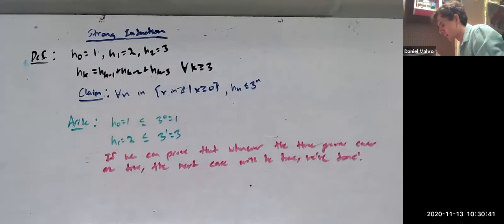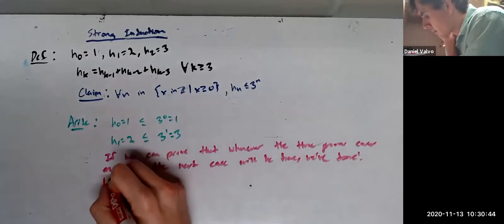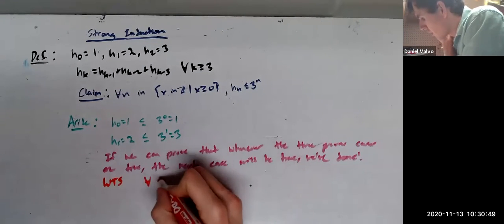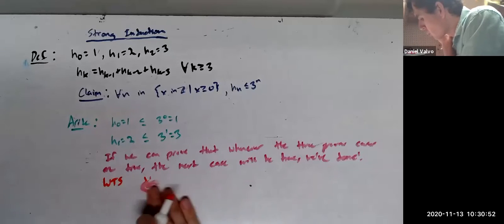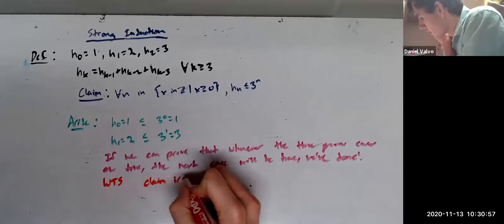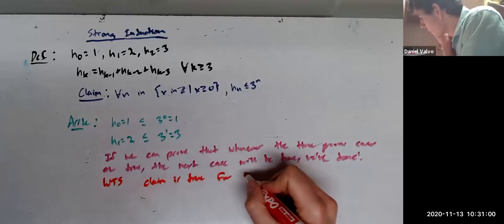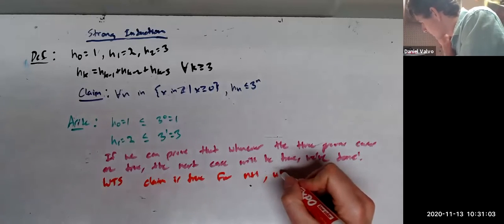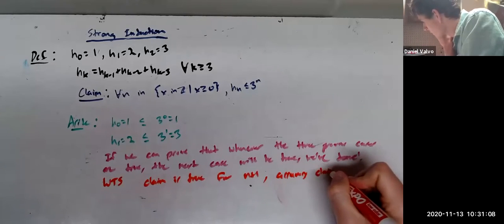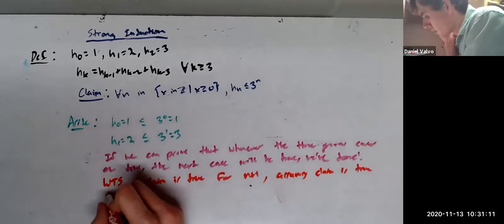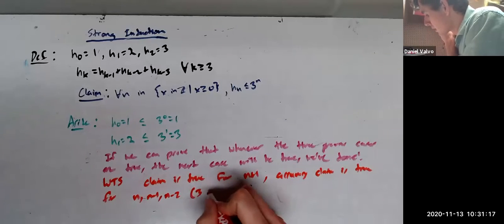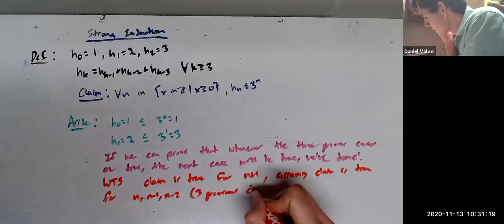So what we really want to show is that we eventually want to show the claim is true for n plus 1, assuming the claim is true for n, n minus 1, and n minus 2, because those are the three previous cases.